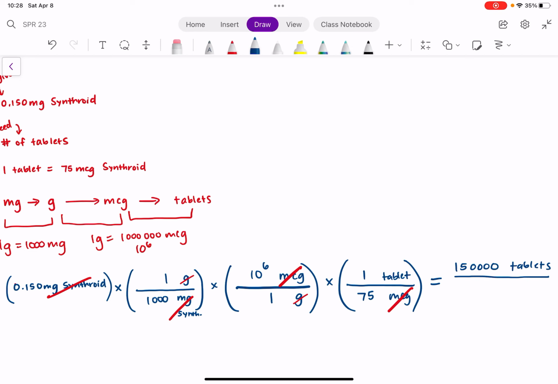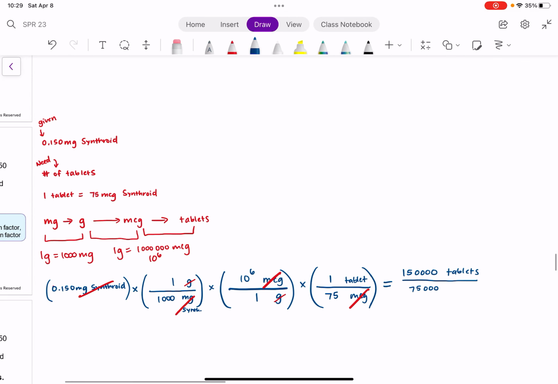Divided by everything that's on the bottom. So I am multiplying everything on the bottom as well. So 1,000 times 75 is 75,000. And I don't have any units on the bottom anymore, right? Okay. Gosh, that's a long one.